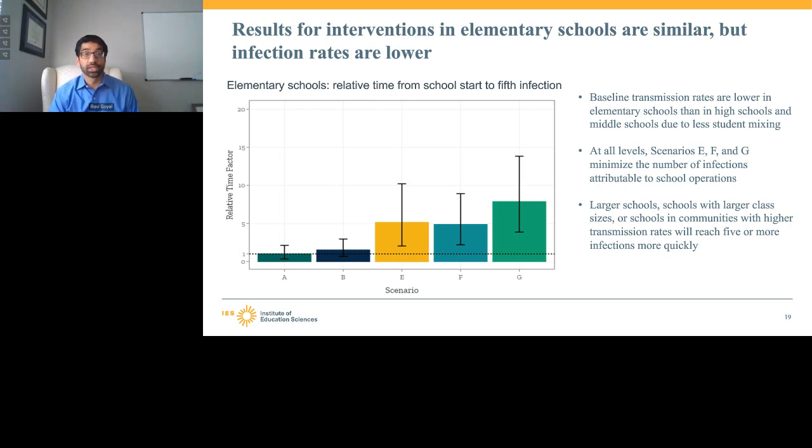And finally, larger schools, schools with larger classrooms, or schools and communities with higher transmission rates will reach 5 or more infections more quickly than those that are smaller, have smaller class sizes, or where the community background is lower.